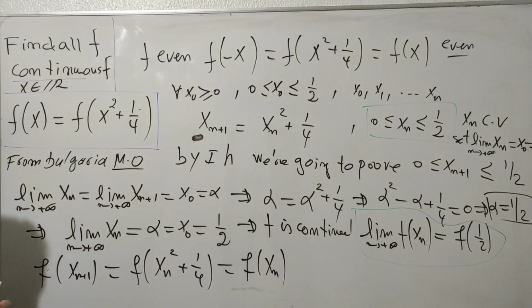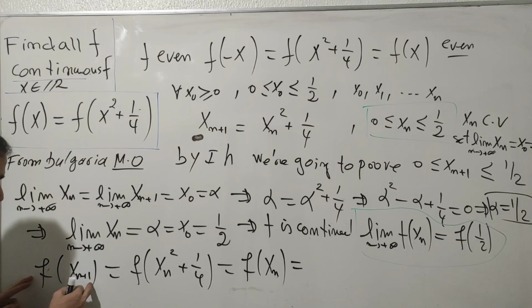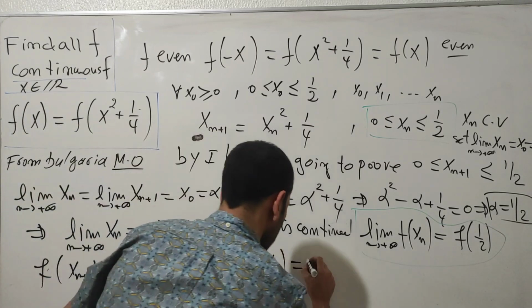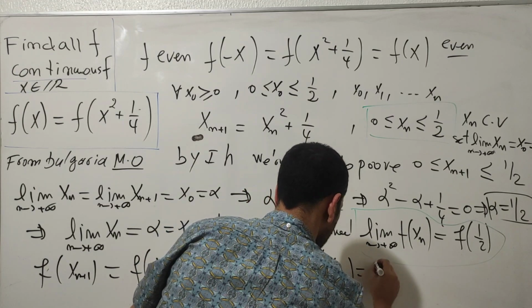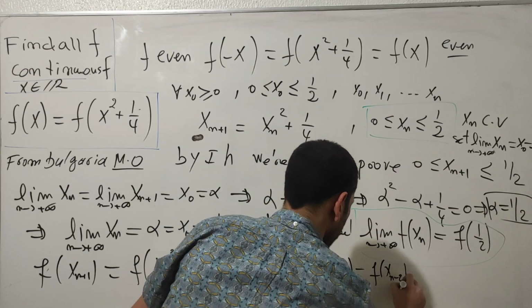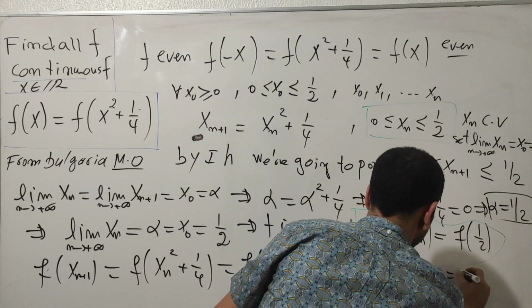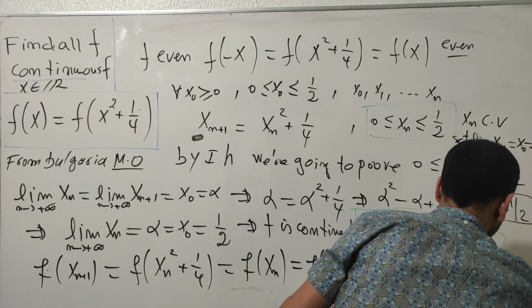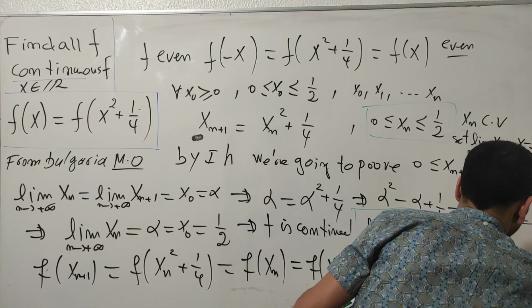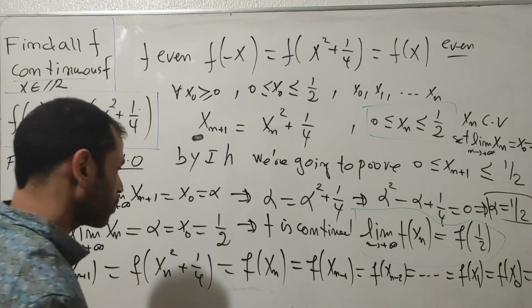It's more simple, okay? Applying this recursion, since we have this relationship f of x sub n plus 1 equals f of x sub n, which also equals f of x sub n minus 1, f of x sub n minus 2, and all the way down to f of x1 equals f of x0, which equals f of half.